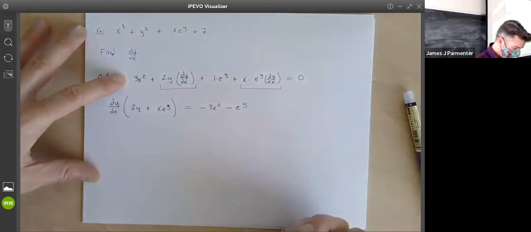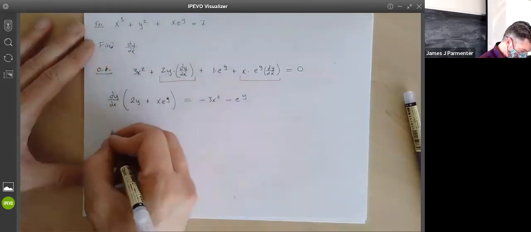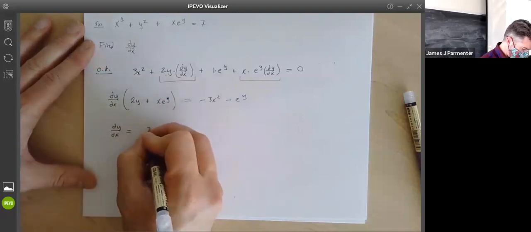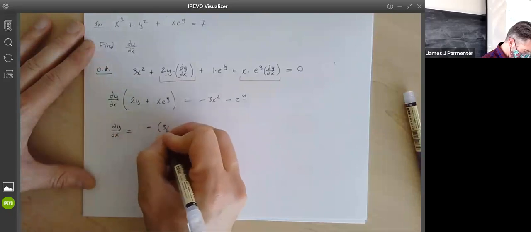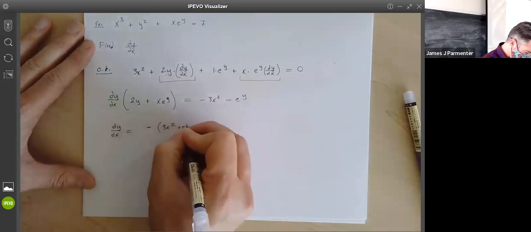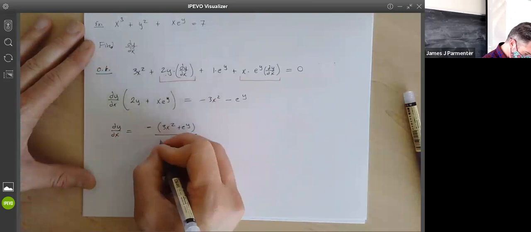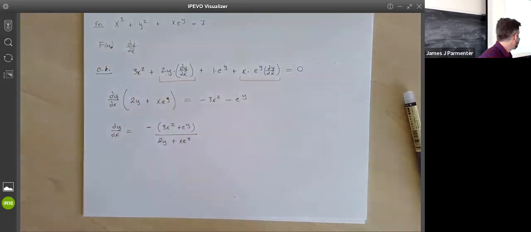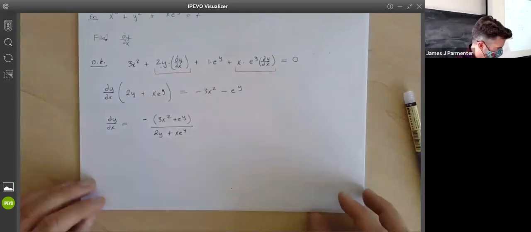Then I would divide and say that dy dx is equal to, factoring out the negative, negative 3x squared plus e to the y over 2y plus x e to the y. That is certainly one way of doing it.